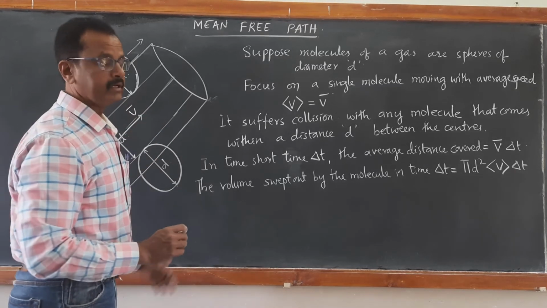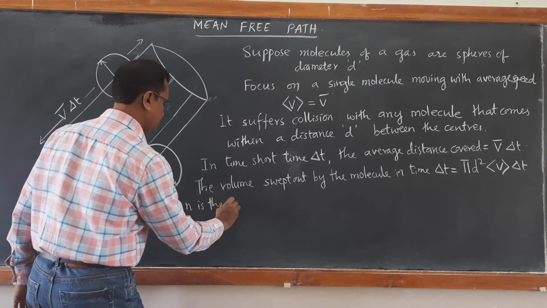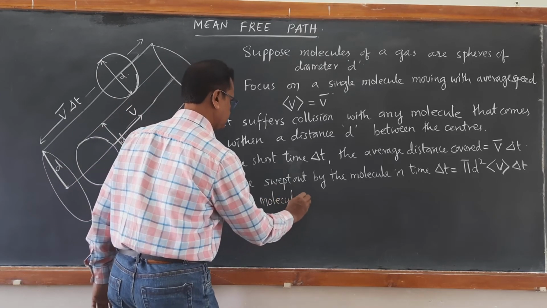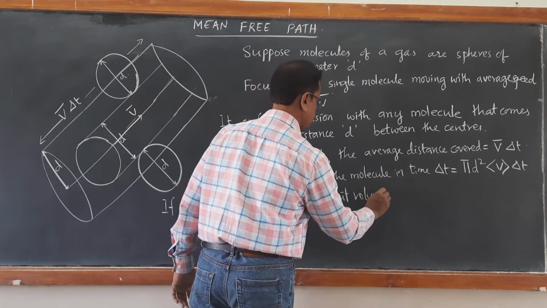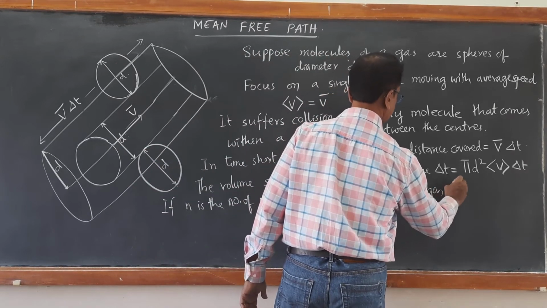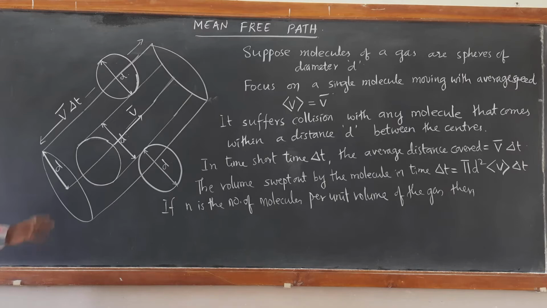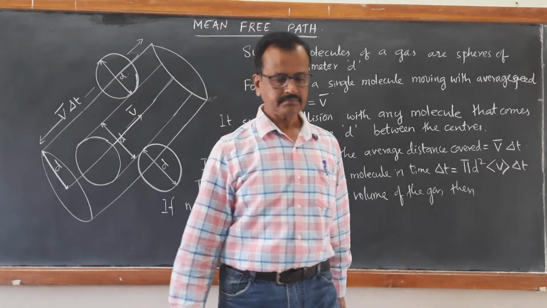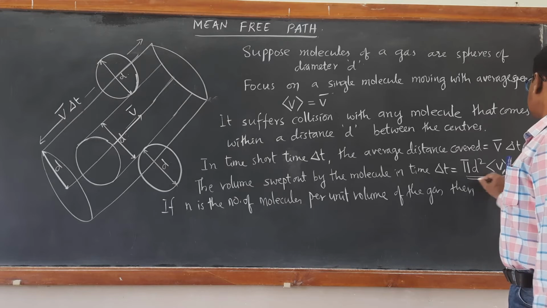Then we can calculate how many collisions. If n is the number of molecules per unit volume of the gas, then the number of molecules present in this volume can be calculated by multiplying n with this volume.